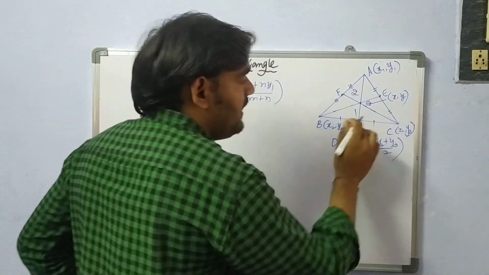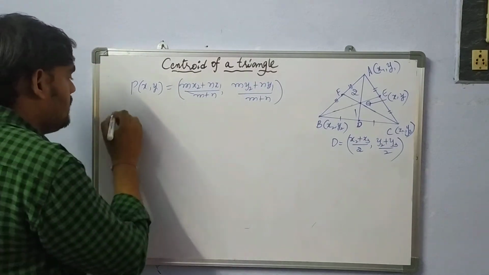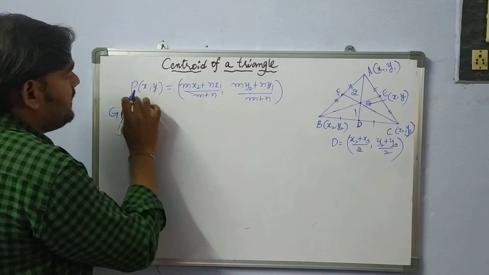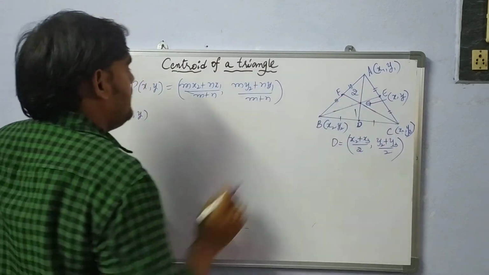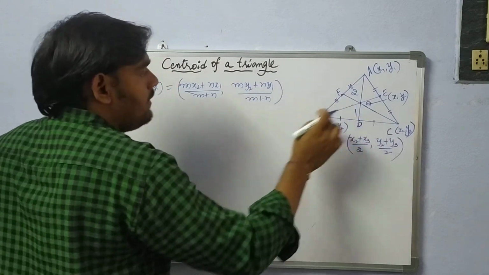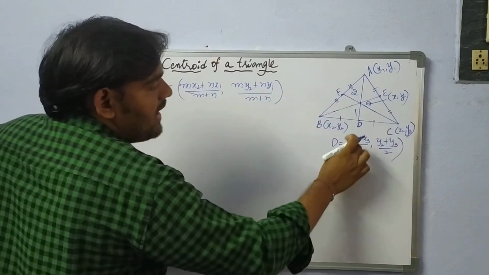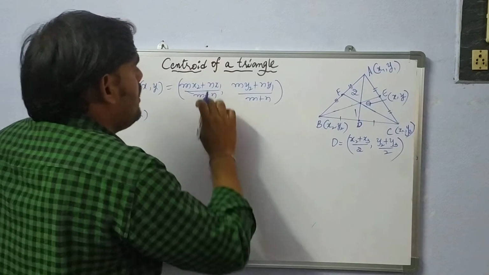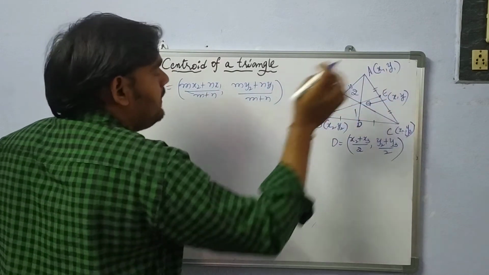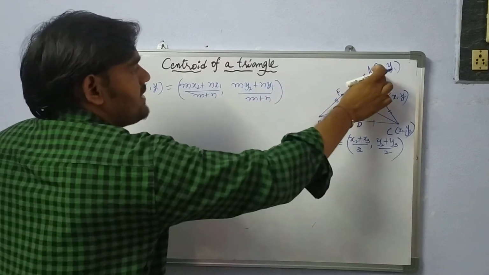Now G(x, y), here the point P we need to consider as G. M is 2, N is 1. X2 is nothing but (x2 plus x3) by 2. X1 is the x coordinate of the point A, that is x1.